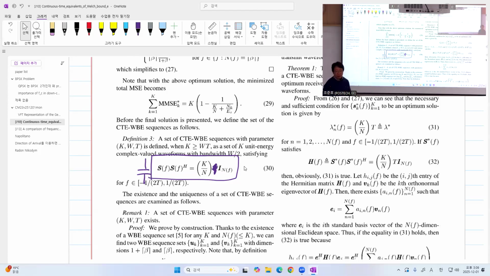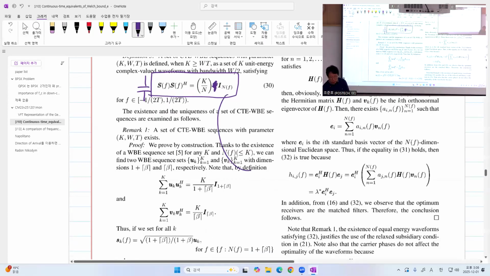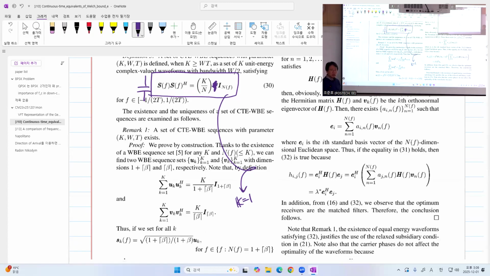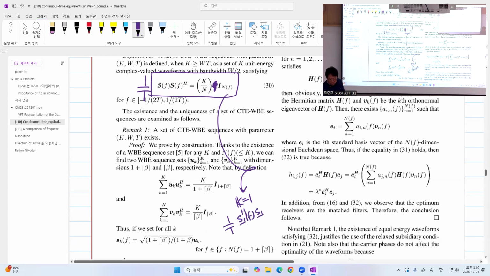So whenever we have confusion, then we simplify. So the simplest case is what? Capital K equals 1, right? When capital K equals 1, what is our result? Our result must be this one, right?